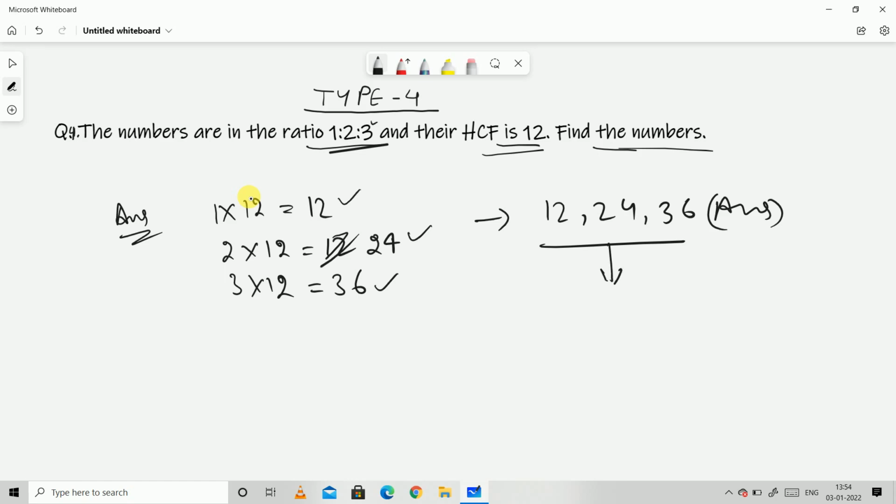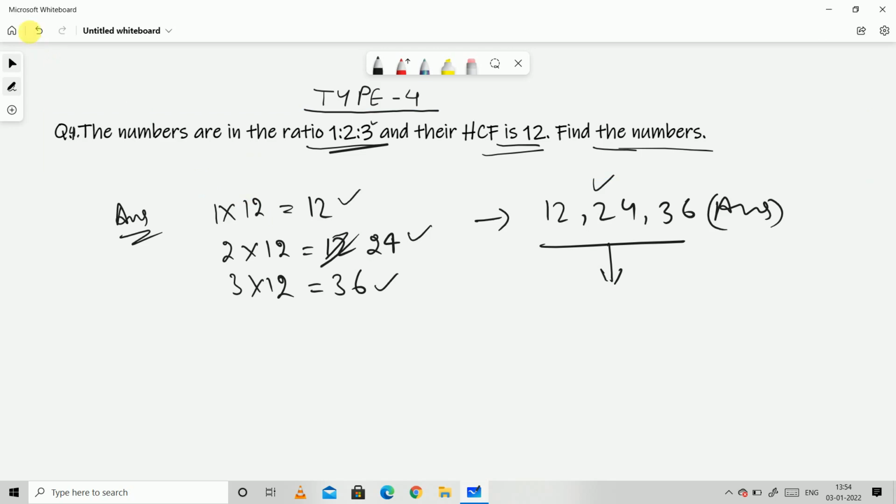So these are our numbers. In such type of questions, when HCF is given and ratio is given, you just need to multiply the ratio with the HCF and you will get the numbers whose HCF is this. Okay. So this was type 4.